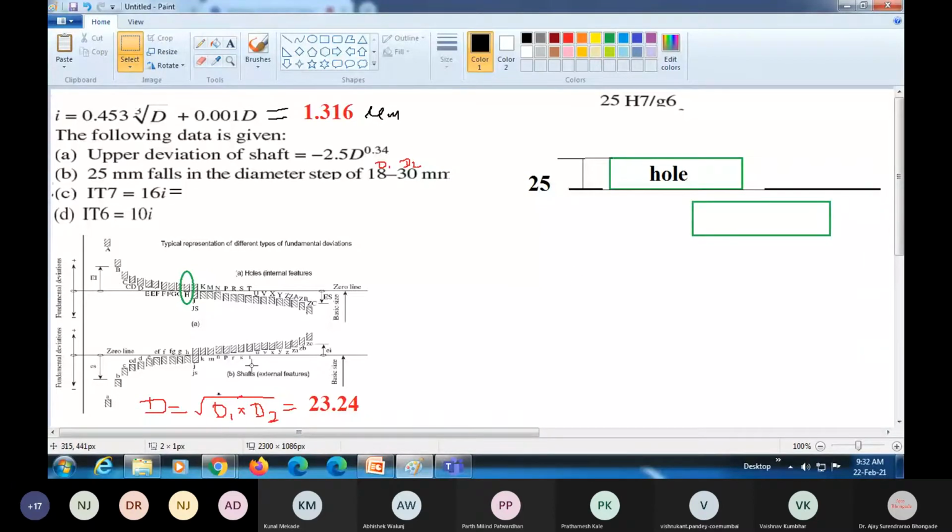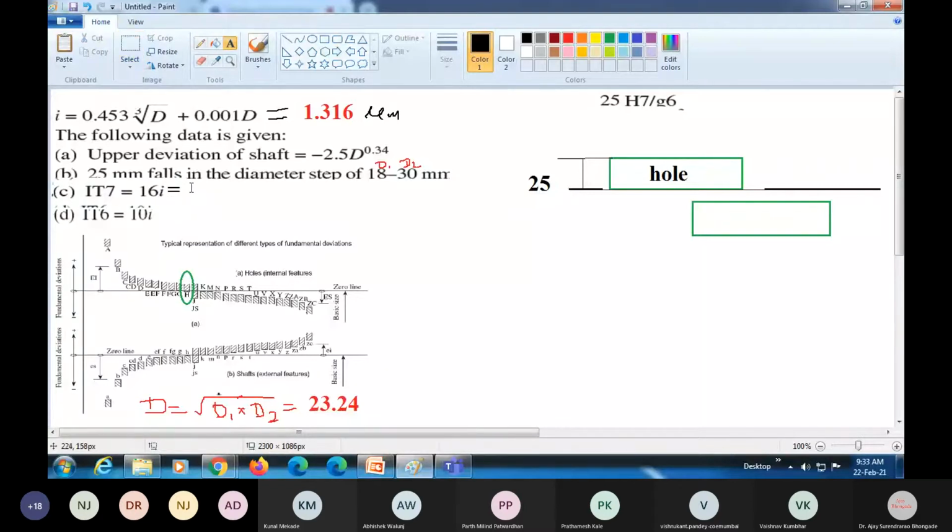Yes, sir. Okay, so we need to determine this particular value now. What is IT7? We need to work out what this IT7 is. That IT7 is nothing but the corresponding value of upper deviation. So what is the value of IT7 now?